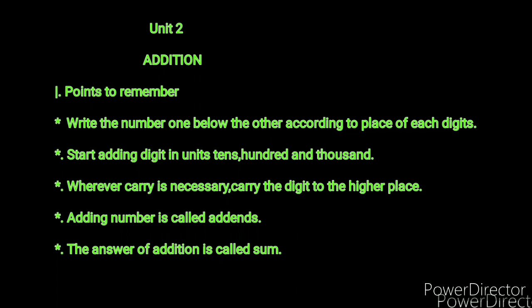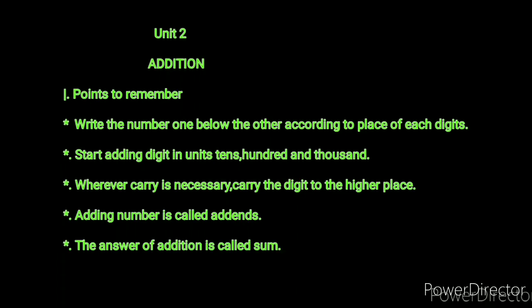Second point, start adding digits in units, tens, hundreds and thousands. Third one, wherever carry is necessary, carry the digit to the higher place. Next one, the numbers being added are called addends. Then the answer of addition is called the sum.